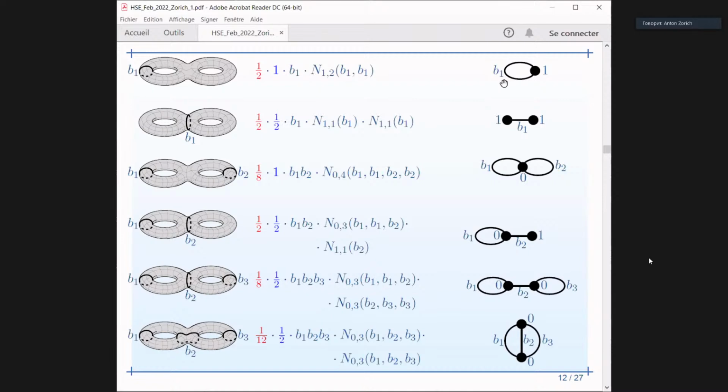So the stable graph actually is enhanced with this extra information. To every vertex you associate a non-negative integer, which tells you what is the genus of the corresponding ribbon graph in our interpretation.